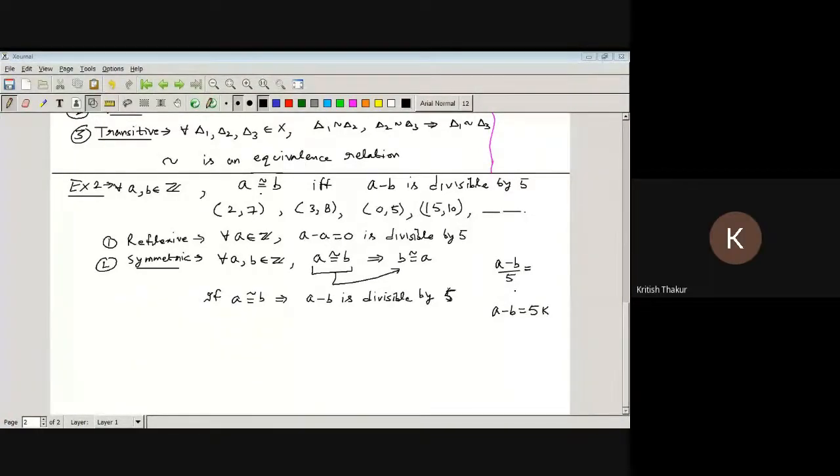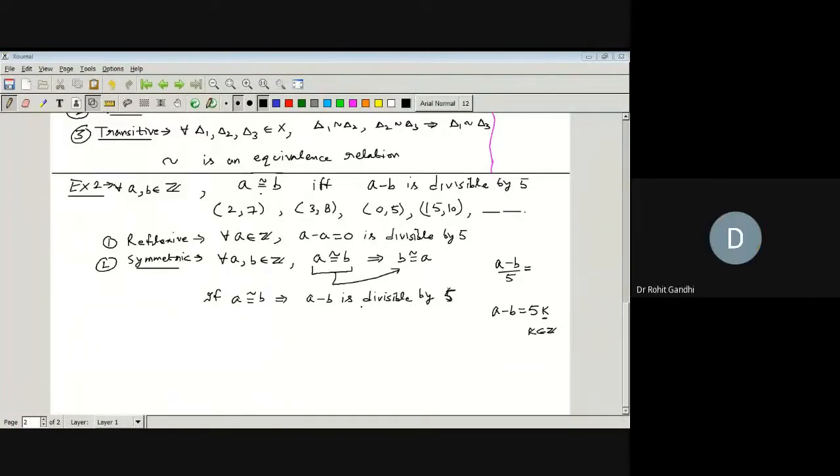Sir, you have written that a minus b is equal to 5k, where k is 0, 1, 2, where k belongs to the integers. Very good. So it is a multiple of 5, and we can write a minus b as a multiple of 5, where 5k, 5n, 5m, whatever you can take, and k belongs to the integers.